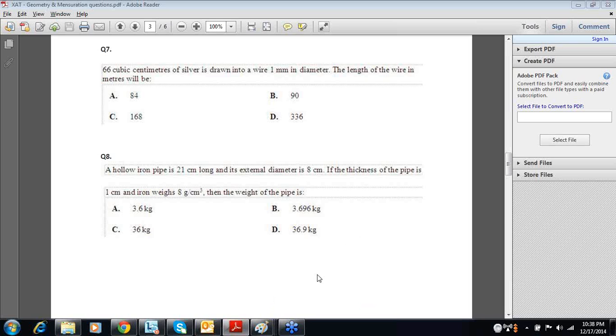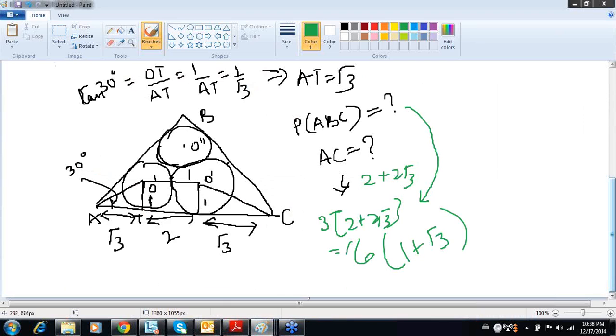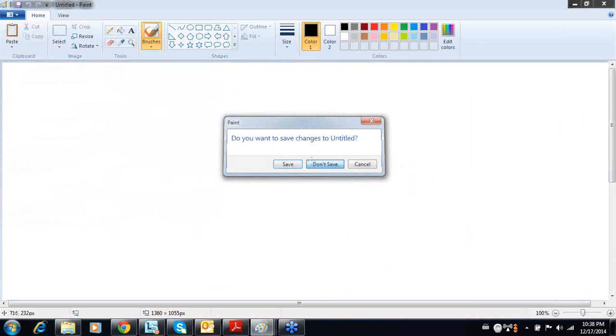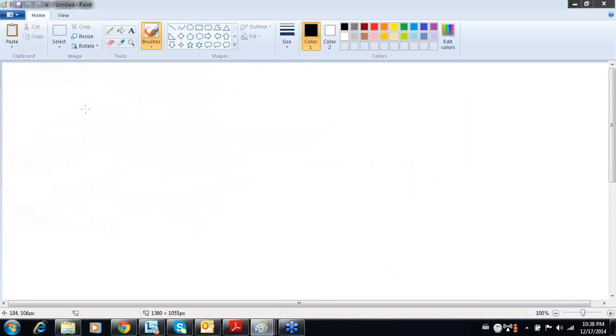Okay. So it is saying let length be h. Let length be h. So radius is what?